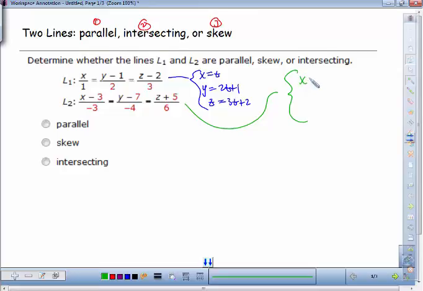So x is equal to negative 3t plus 3. Y is equal to negative 4t plus 7. And z is equal to positive 6t minus 5.